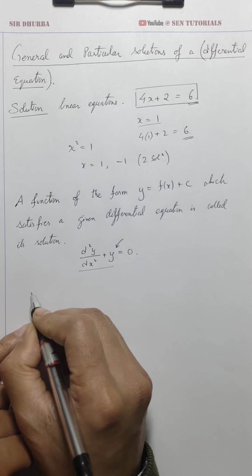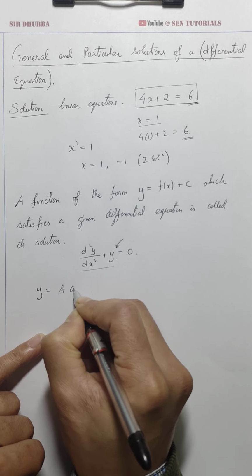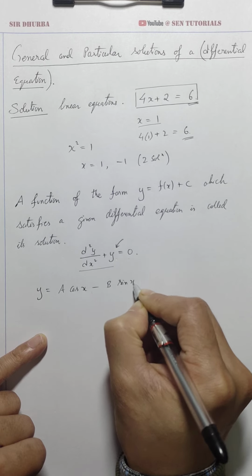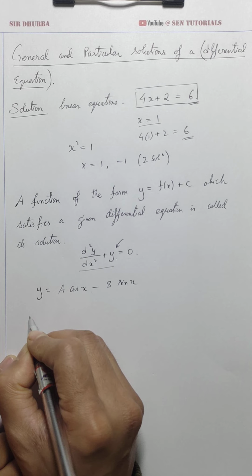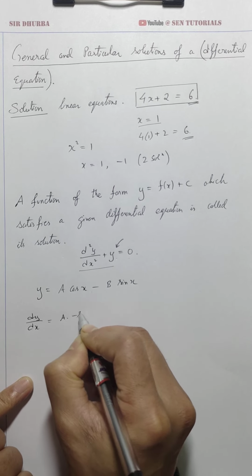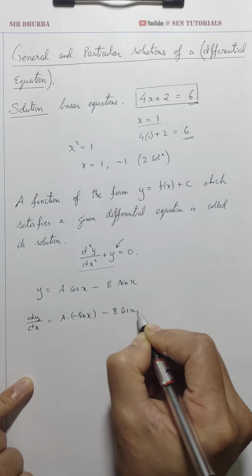So if I take just an example, if I take a function that is y equal to a cos x minus b sin x, then if I differentiate it once, I'll have minus a sin x minus b cos x.